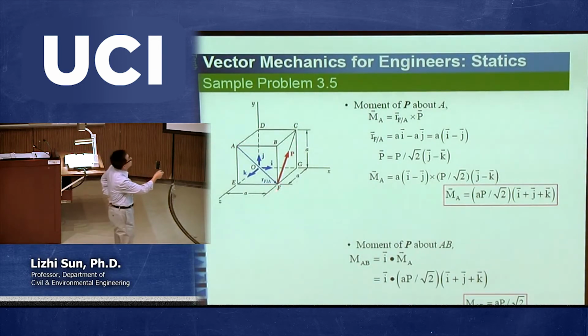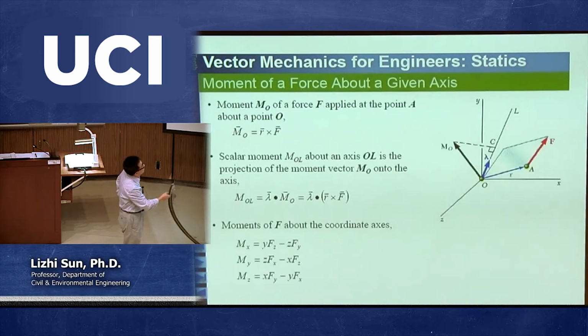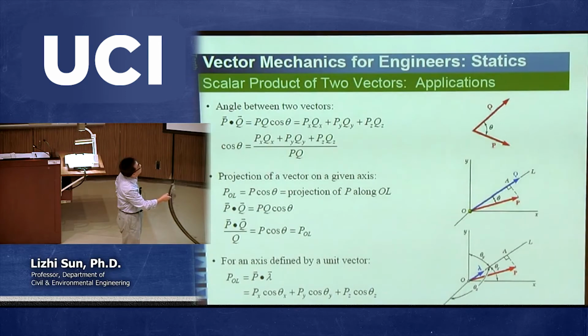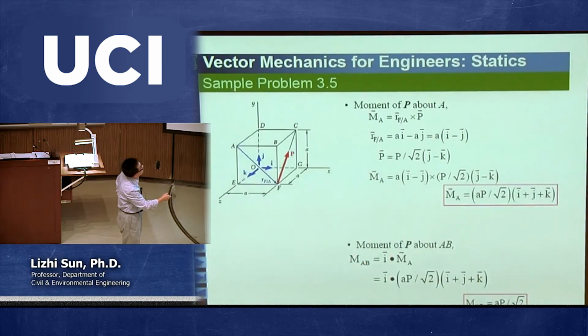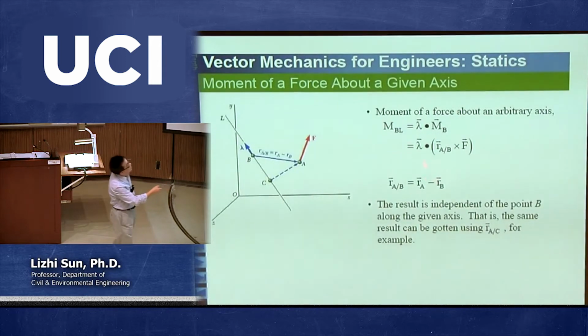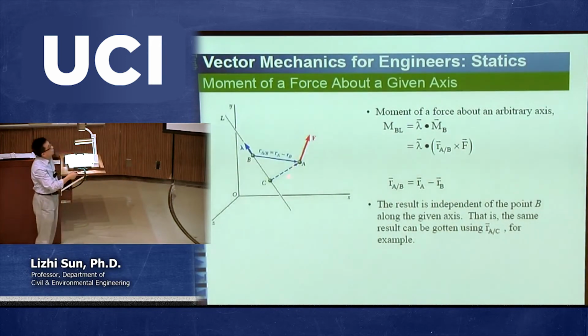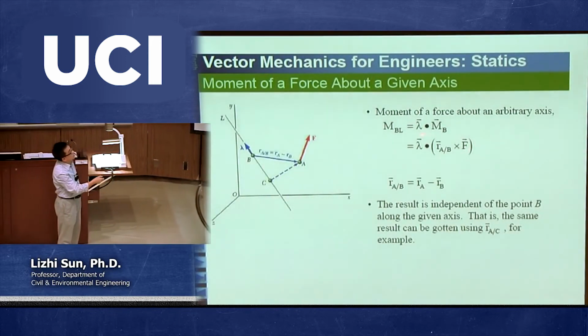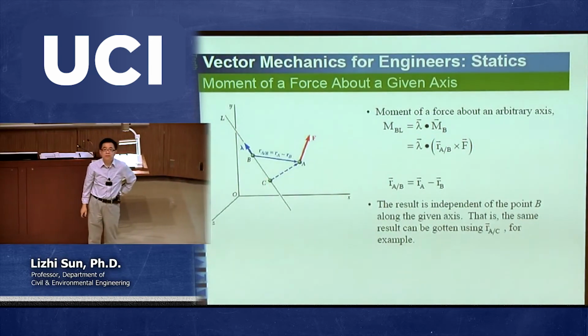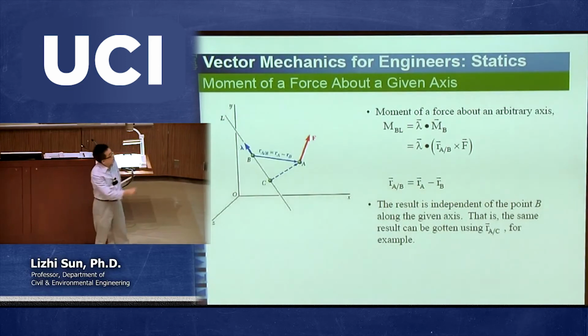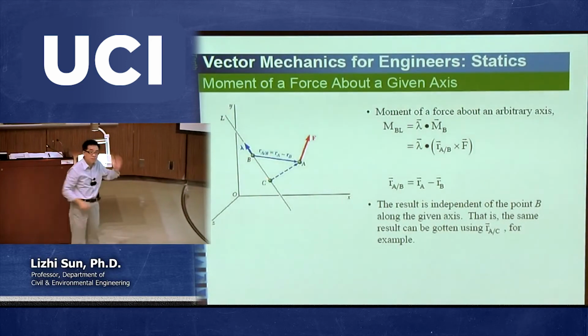So what is the moment of this force about this given axis? Well, this is the equation. But before you use this equation, you need to pick a point on that given axis. Whether you choose point B or point C doesn't matter.